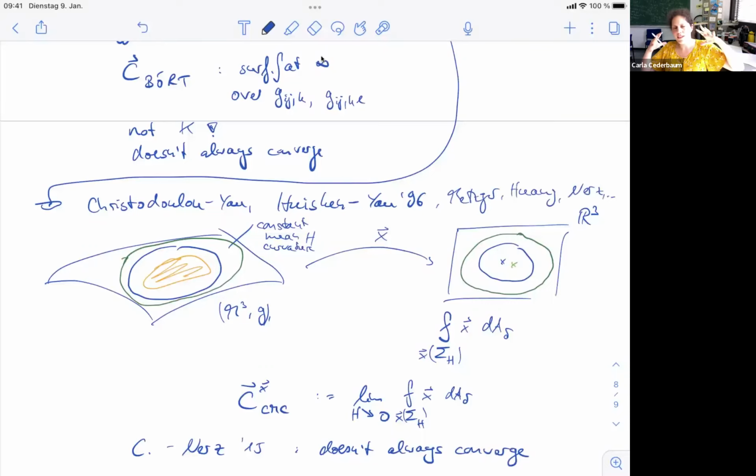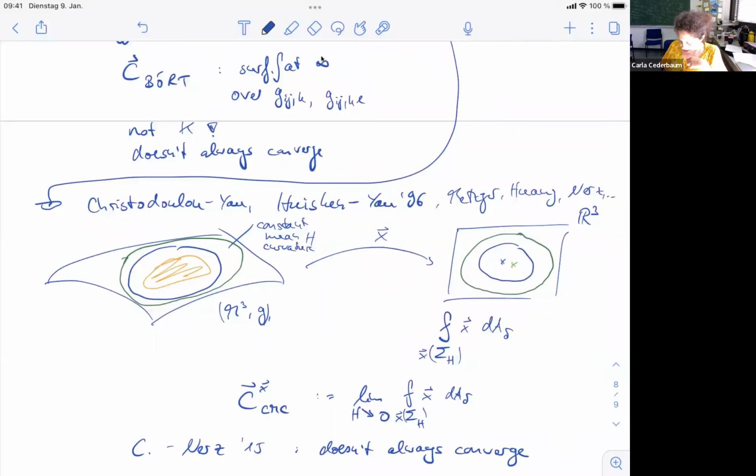And now we know that this foliation by constant mean curvature spheres exists under the optimal decay assumptions, where eta is 1/2 plus epsilon for any epsilon. Whenever the ADM energy vanishes, then you have this foliation, and it's unique in a certain a priori class.